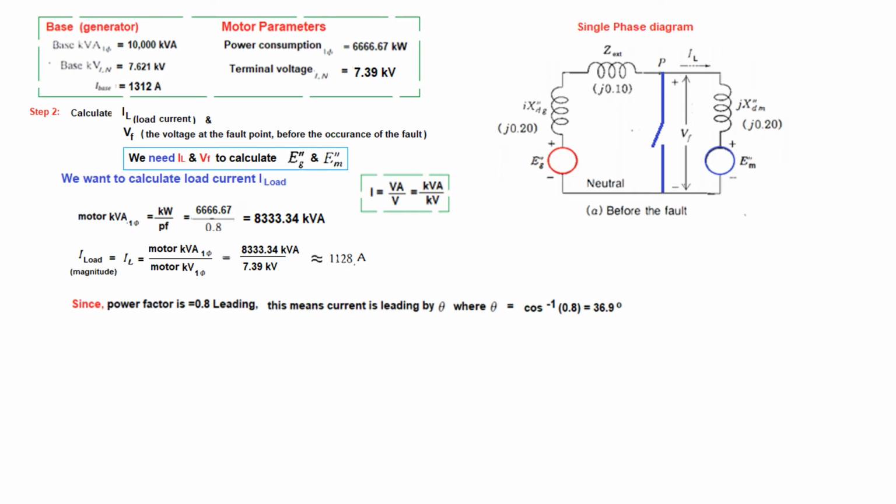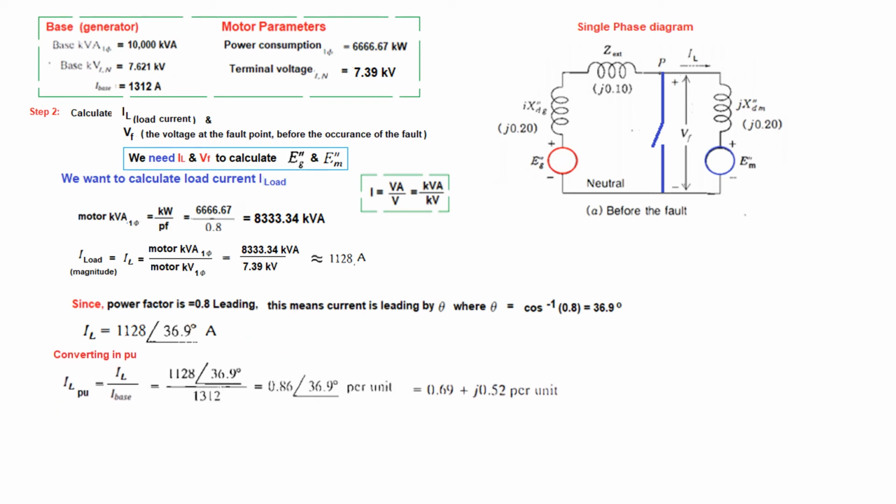Now, important point, since the power factor is 0.8 leading, this means that the current is leading by theta, where theta is cos inverse of 0.8, that is 36.9 degree. So the magnitude and phase of the current, we can write it as 1128 and this angle 36.9. So this is our load current, and we can convert that into per unit.